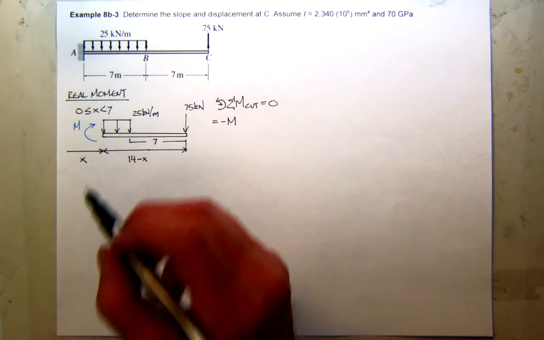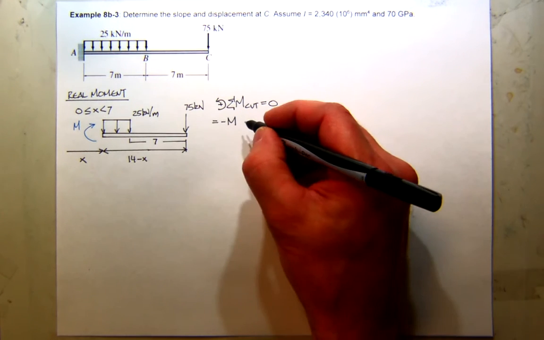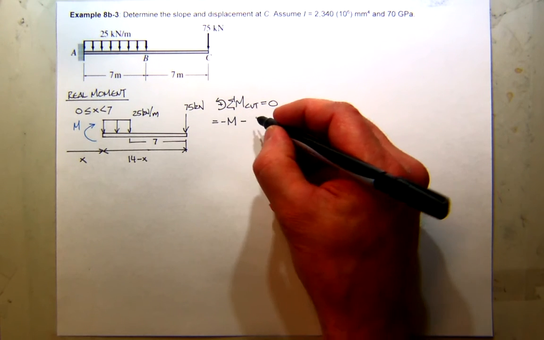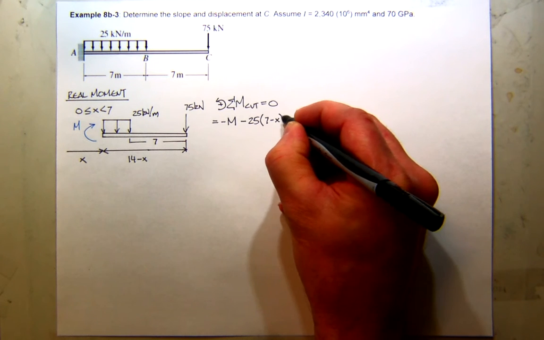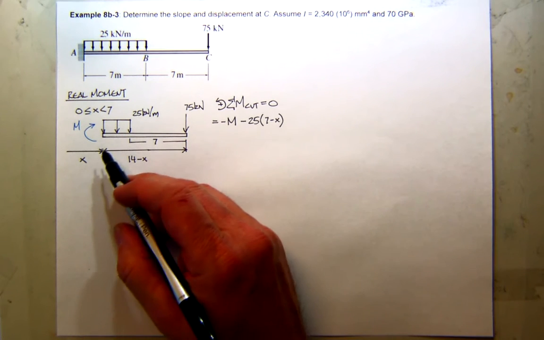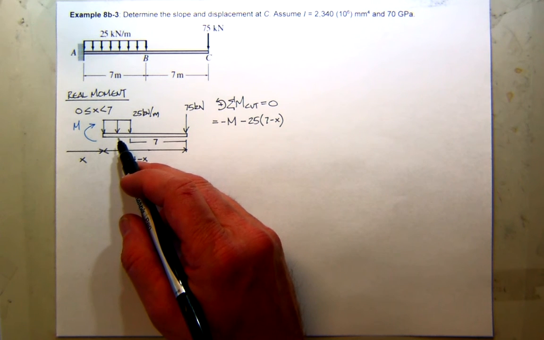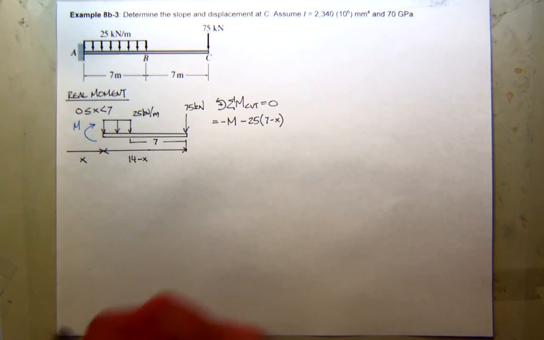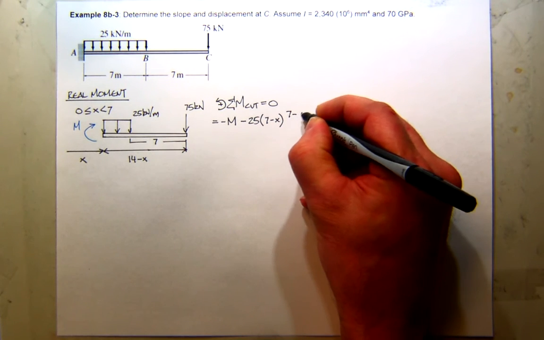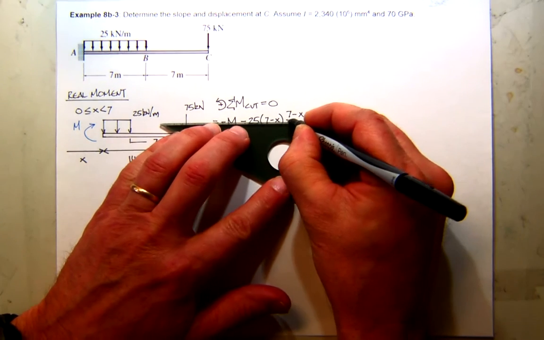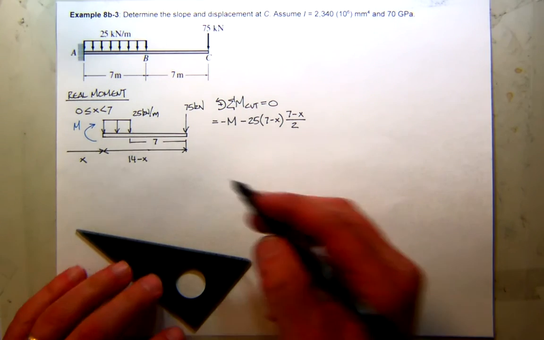The height is 25. That force is going to be down and create negative moment. So negative, the force is going to be 25 times 7 minus x. And what's going to be the distance from the cut to the centroid? 7 minus x divided by 2. So this looks a little strange, but that will lump together pretty quick. And then what else do I have?